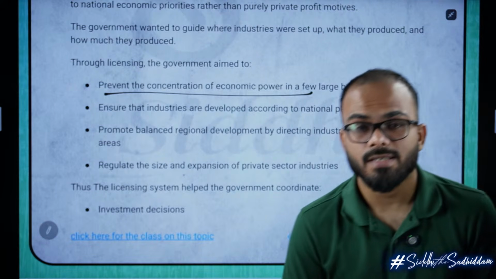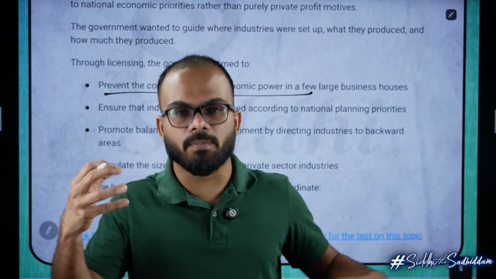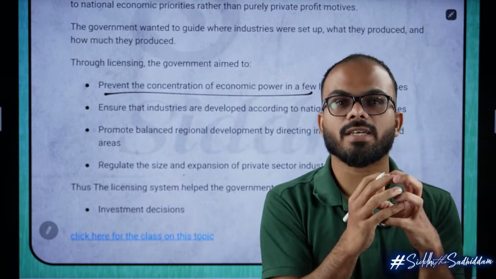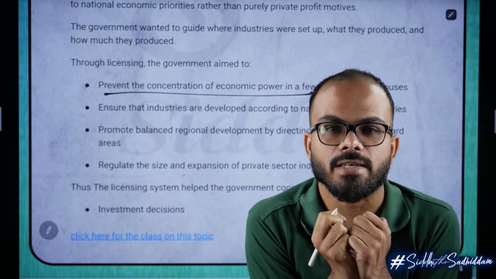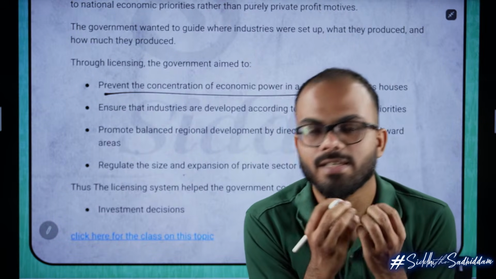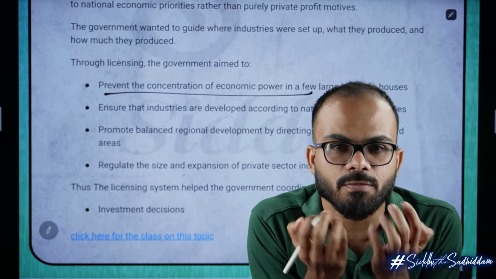But the fact is, this kind of licensing policy, instead of providing power in the hands of private people, concentrated power in the hands of government, in the hands of bureaucrats.